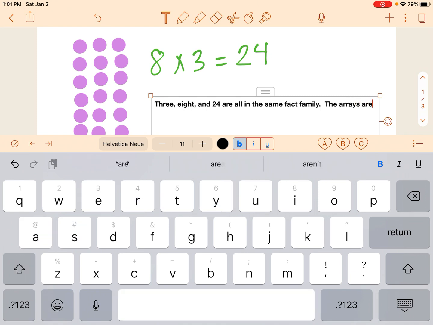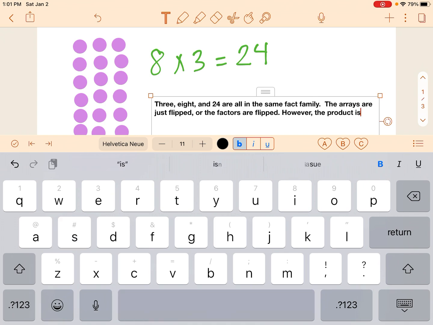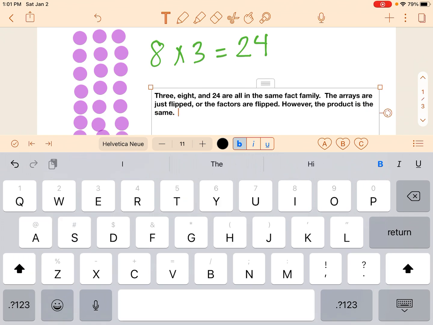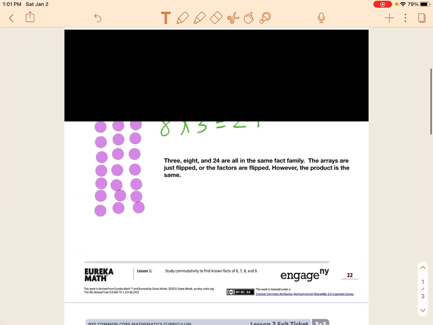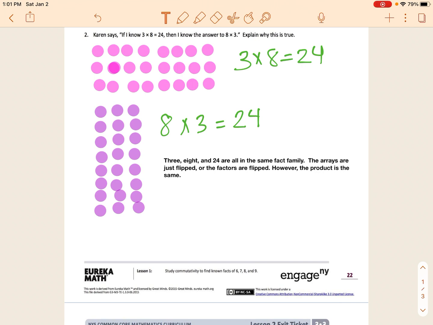The arrays are just flipped, or the factors are flipped because we call 8 and 3 factors. However, the product is the same. Okay, so make sure you have numbers, you have a picture, and you have words explaining why you think this is true.